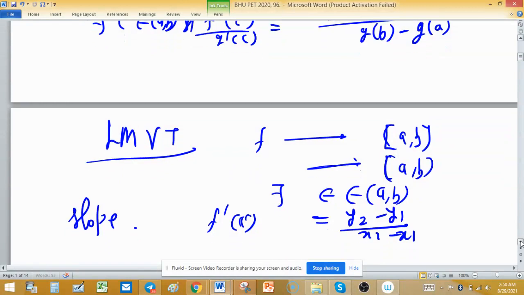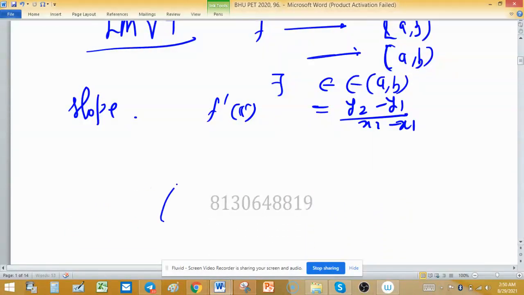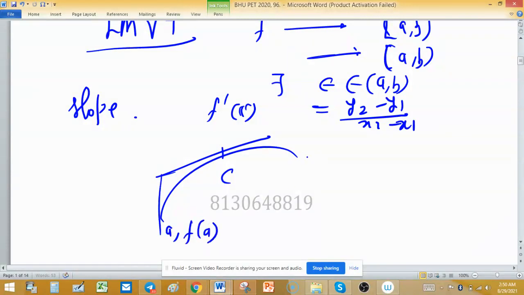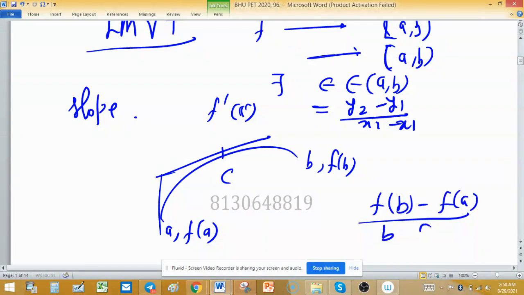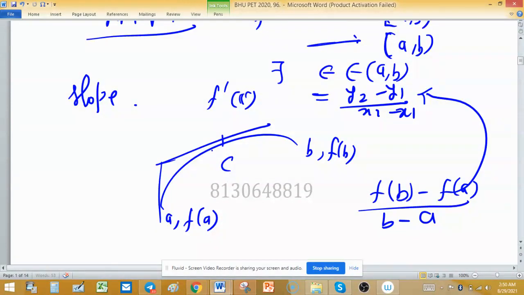Suppose the graph of the function is like this, the coordinate of this point is a comma fa, and this coordinate is b comma fb. Then how can we find the slope? So fb minus fa divided by b minus a. This is the geometric interpretation of Lagrange mean value theorem.